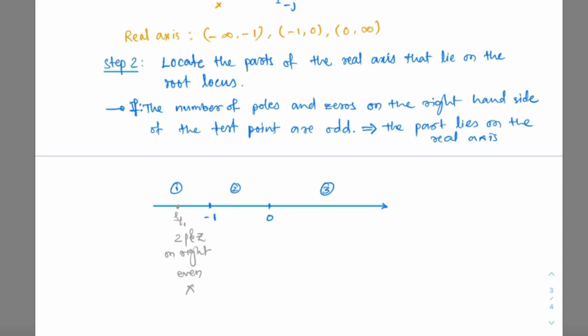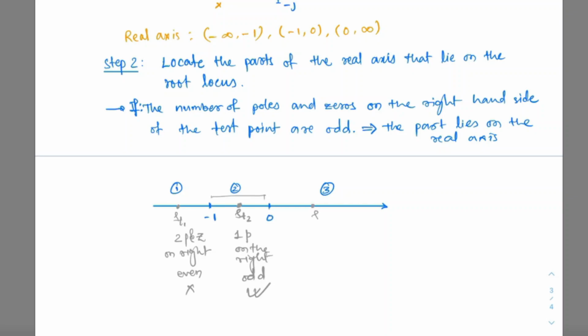So this will not be part of the root locus. If we take a test point here, say ST2, it has one pole on the right, which is odd. So this portion will be part of the root locus.